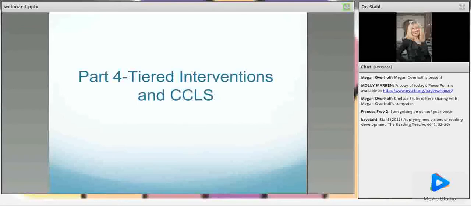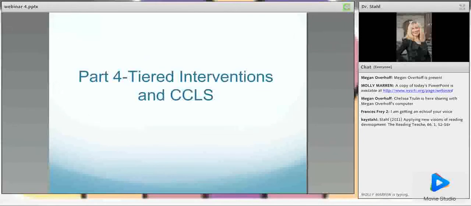As you know, the last 3 weeks we've really focused on Tier 1 and looking at how we might implement some good research validated instruction in Tier 1 to help lower the numbers of children who are likely to need Tier 2 and Tier 3 interventions.